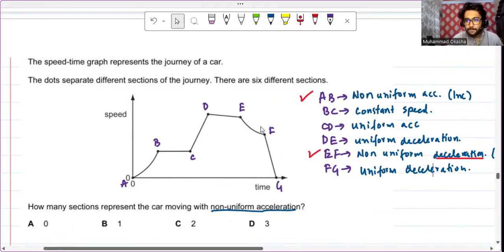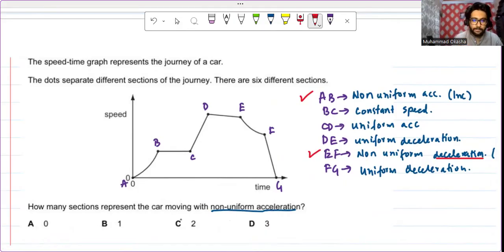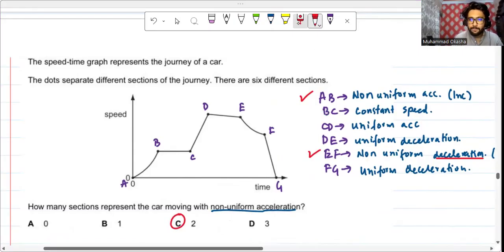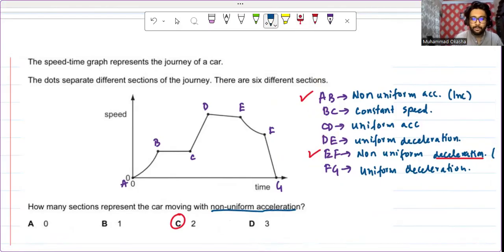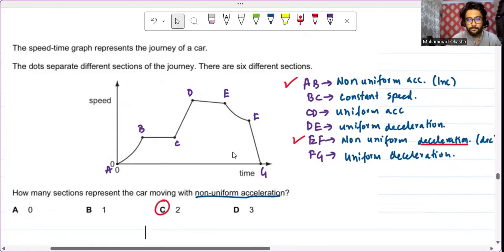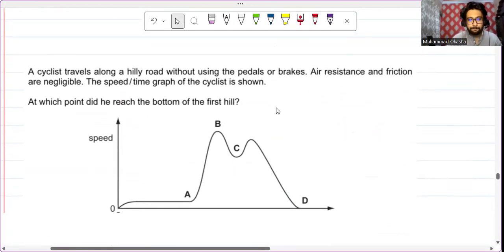So how many sections? 2 sections represent non-uniform acceleration. If you notice, the rest of them represent constant speed, or uniform acceleration, or uniform deceleration. Okay. Only 2 sections represent non-uniform acceleration.